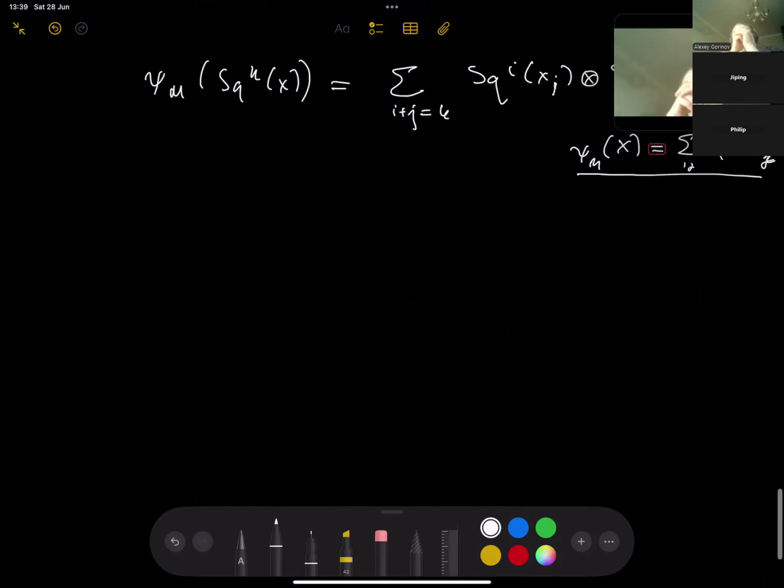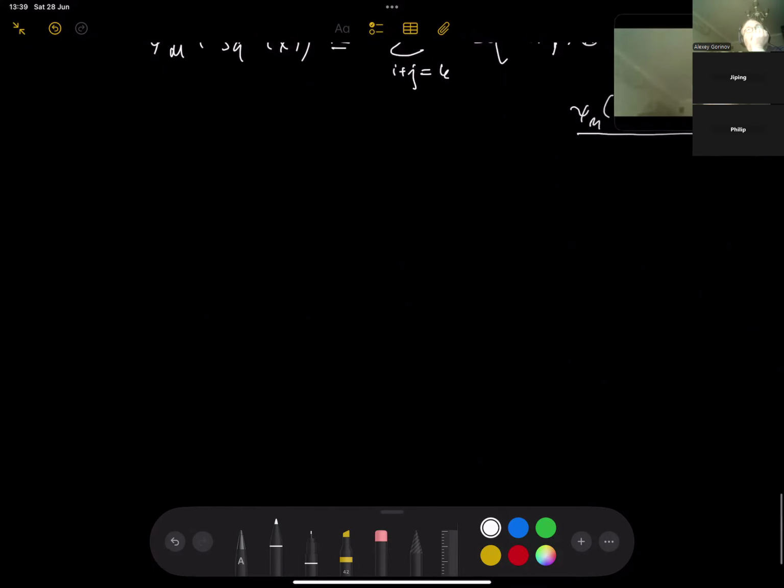And the last thing we need to do to use the lemma is to show that it's injective. So, proposition.